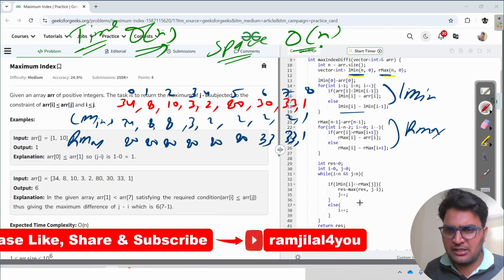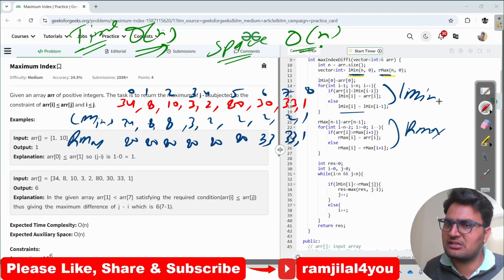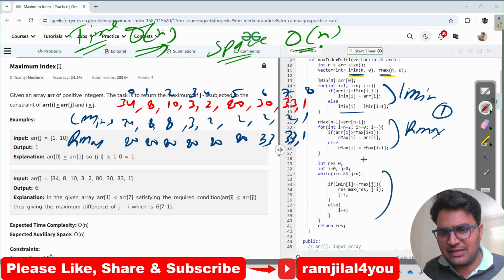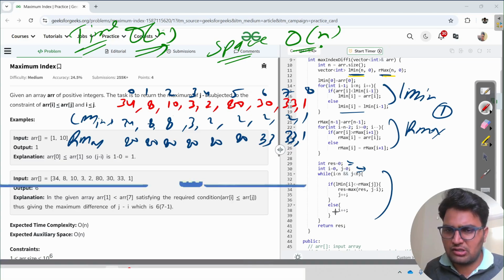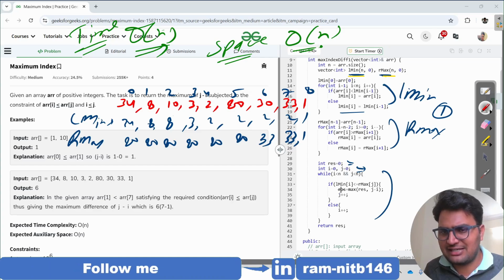It is very simple. Once we are done with the left min and right max computation, I will take i and j at the 0th position and the result, these three variables, and iterate till one of the arrays completes.